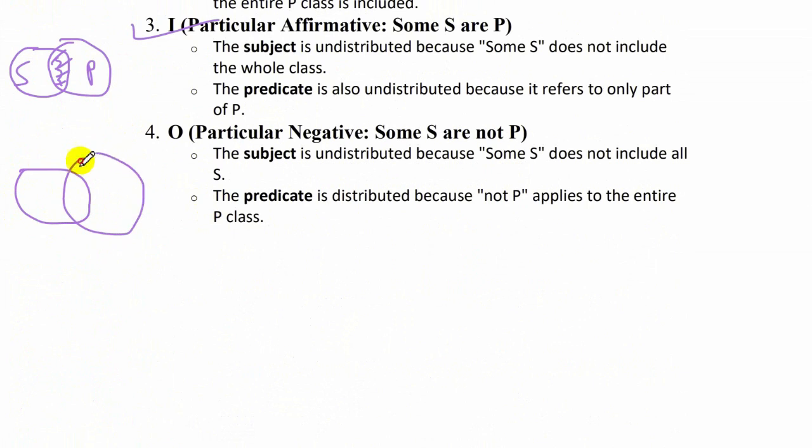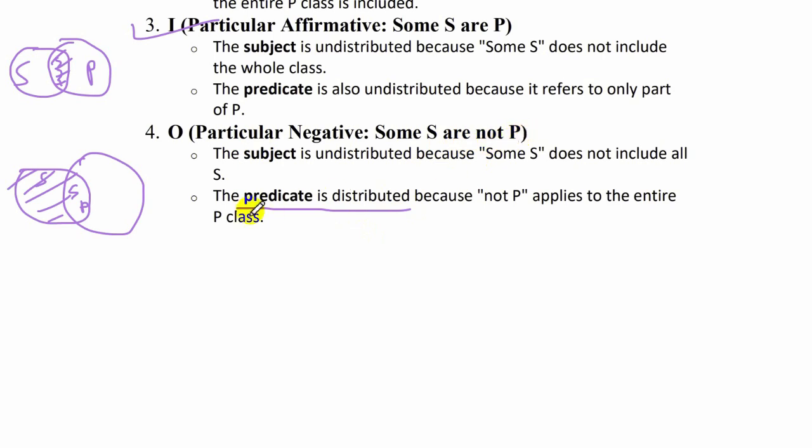Let's go into the O type proposition. So here we have the S part. They are saying some S are not P. Yes, some S are not P, but some P is an S. Okay, so the predicate part is distributed.